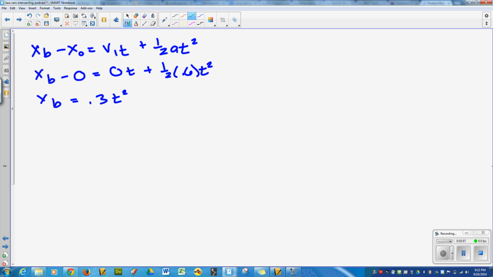Now for the green car, we start with the same formula. Initial position is 0. We don't know what the velocity is, but it's not 0.